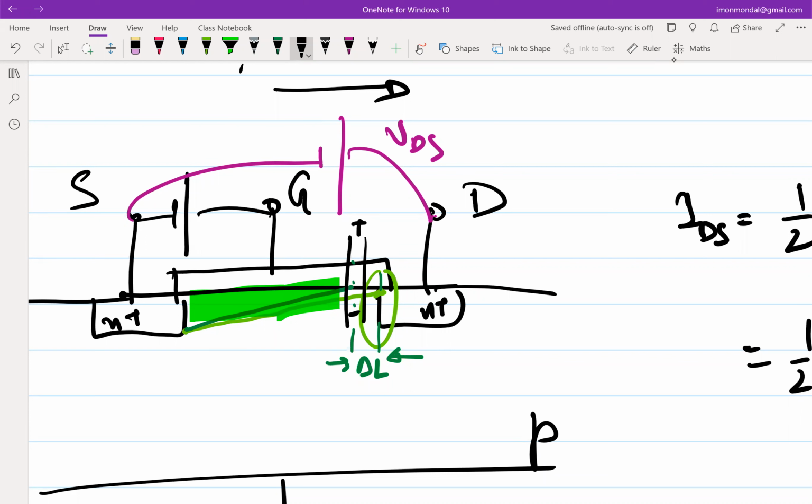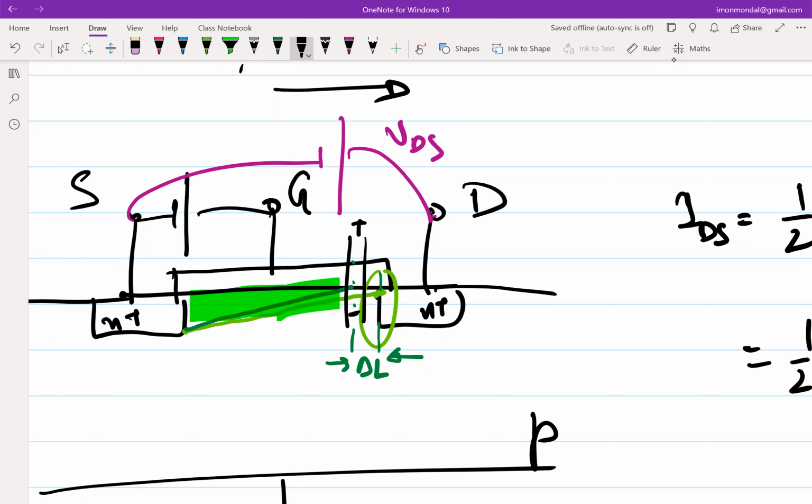So one might argue that that drop is across the entire device. Now if I probe further, what is meant by entire device? My device has multiple things. My device has a channel charge, an N plus on the source side, N plus on the drain side, and so on. So where does this extra voltage drop?